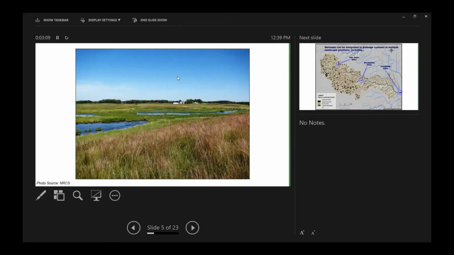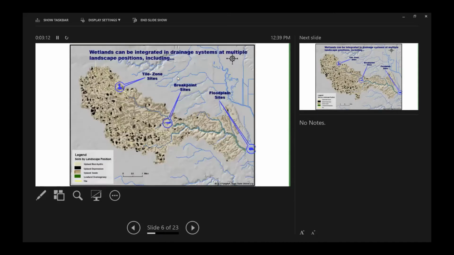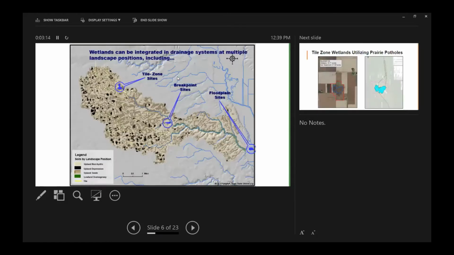In addition to these natural examples, one of the big pieces of the nutrient reduction strategy for Iowa is to incorporate wetlands into these projects. This is a slide I borrowed from Dr. Bill Crumpton at Iowa State University.